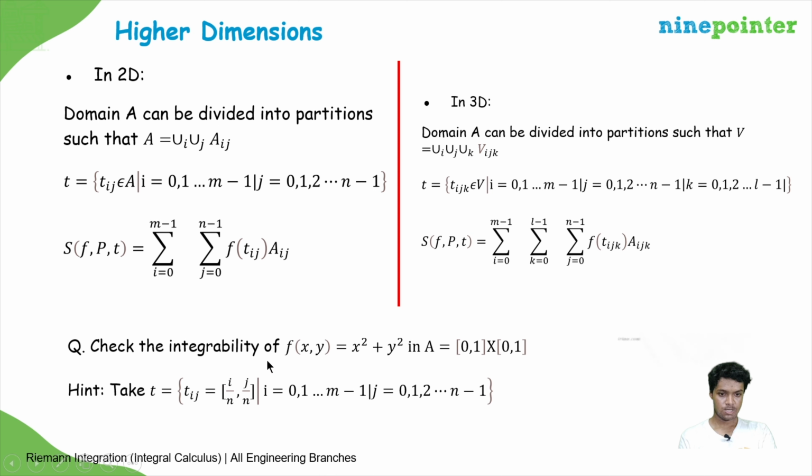Similarly, you just have to substitute these values in this to find f of t(ij), and then multiply it by A(ij), that is, (x(i+1) minus xi) into (y(j+1) minus yj), and take the summation, and you will get the Riemann sum in terms of n. And when you take the limit n tending to infinity, you will get the Riemann integral.